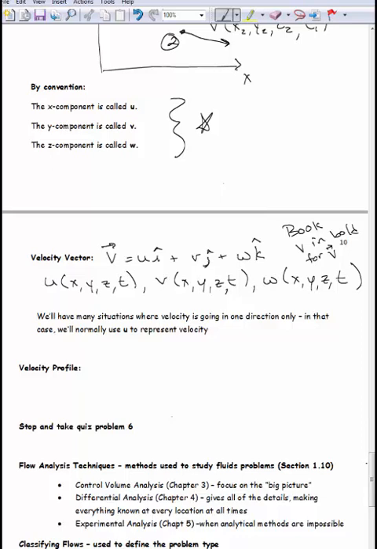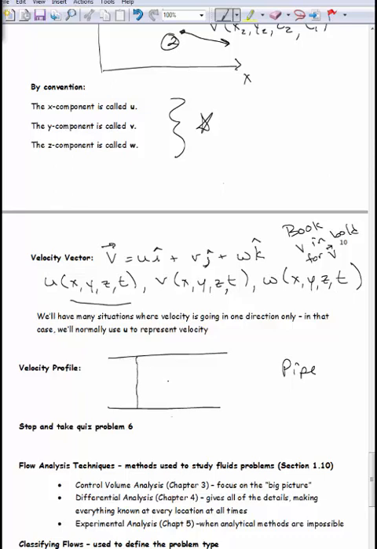You have to remember though, even though it's going in one direction, u is still a function of all these things possibly. So in fact what we'll do is draw what are called velocity profiles, which show you that velocity vector and how it's changing over your control volume. For instance, if we have a pipe, just a cutout of a pipe, and we draw a line here at this x position, our velocity is going to be changing across that pipe.